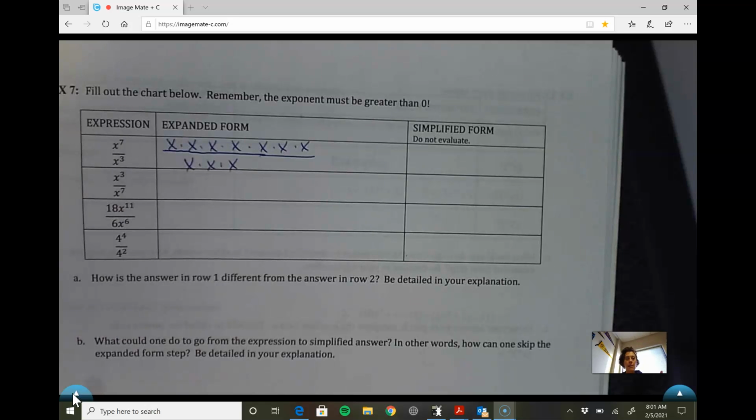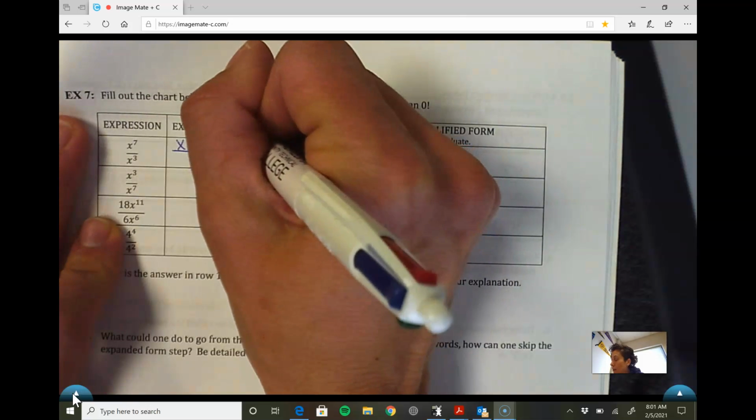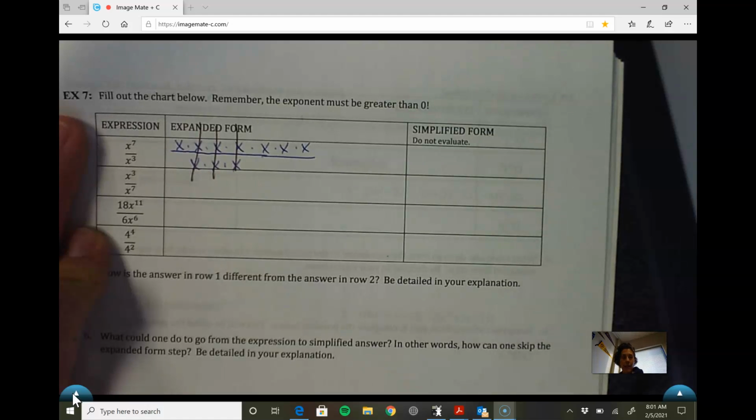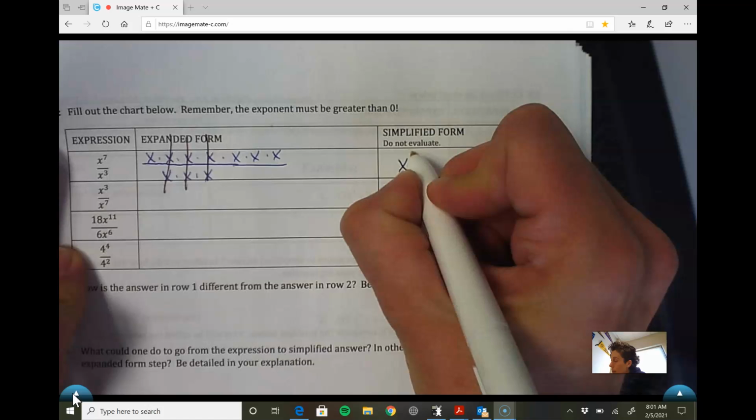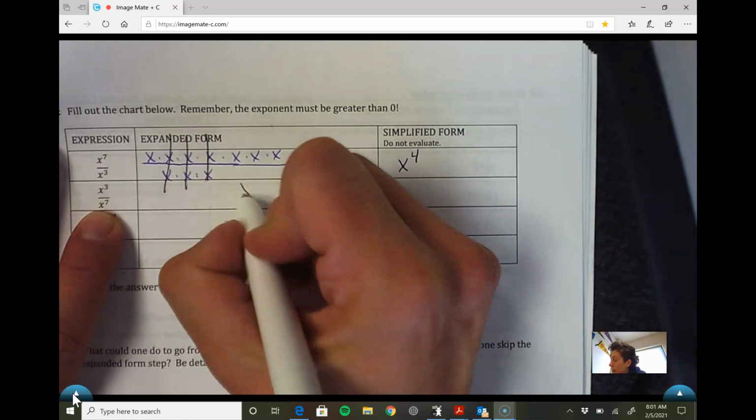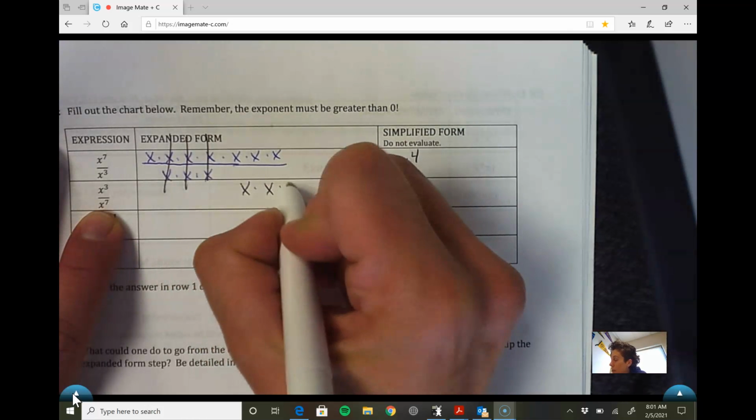Remember from our last section that terms are separated by addition and subtraction signs, but factors are things that are separated by multiplication signs. So what I can do is start taking out a common factor. Those can go out, those can go out, those can go out, or as we like to say, cancel out. And when I'm done, I realize I have 4 x's on the top, so x to the 4th. On this one, it kind of changes.